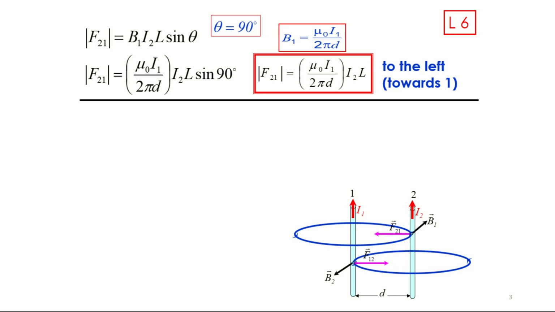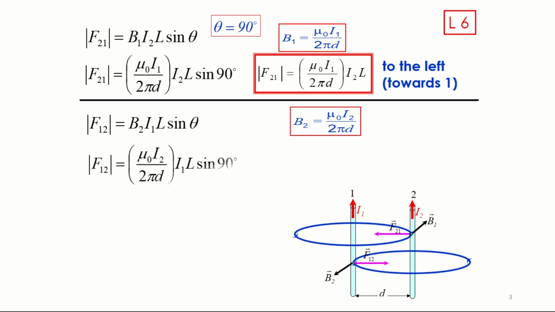Then to determine the magnitude of F12, the magnitude F12 equals B2 I1 L sine theta. Theta is also 90 degrees between B2 and L. For the magnitude of B2, we use the equation B2 equals mu naught I2 divided by 2 pi d. We substitute into this equation, so you get F12 equals mu naught I2 divided by 2 pi d times I1 L sine 90 degrees.